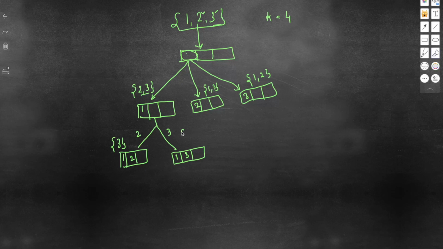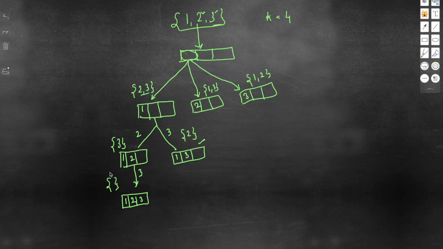If I fill with 3, my set remains as 2. So now to fill this box I have only one choice, that is 3, and in this case I have only 2. So let's complete this also. For the last box I have only one choice, that is 3. So I have consumed all the elements from my set, so my set will now be empty.